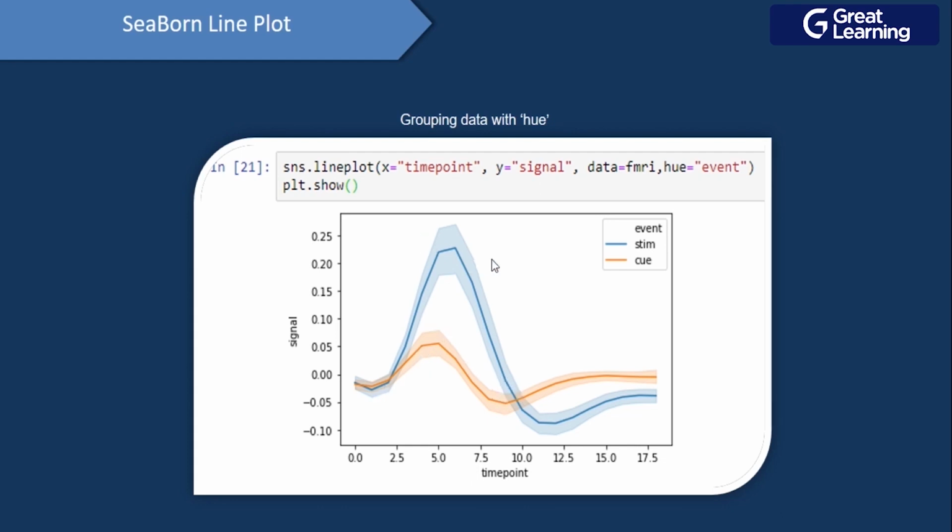The stem event drops from 0.2 to minus 0.10, but for the queue signal the drop is very small, from 0.05 to only minus 0.05. And once it dropped, the increase of the queue event is much higher when compared to the increase of the stem event.